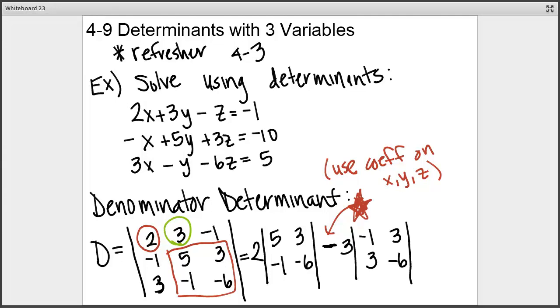Where did I get this -1 and 3 and this 3 and -6? I'm just going to circle it on here. I got it from here and here. Because what I did was I ignored this column and I ignored the rest of the row, and I got my determinant that way. I'm going to erase all these lines right now while you look at that.